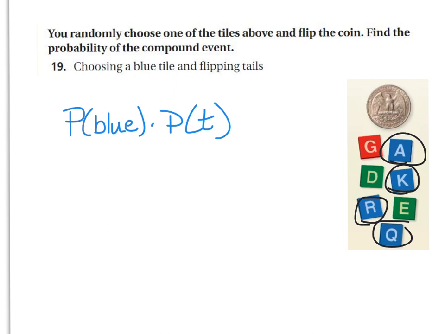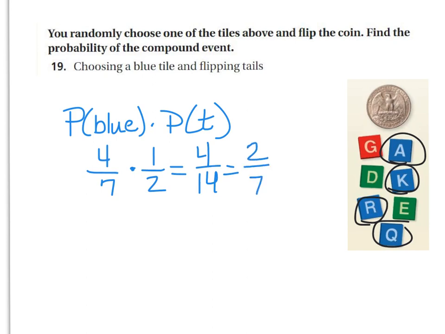So the probability of blue, there are 4 blue tiles out of 7 total tiles. And we know the probability of flipping tails is 1/2. So 4/7 times 1/2 would be 4/14, and you can divide top and bottom by 2 to get 2/7.